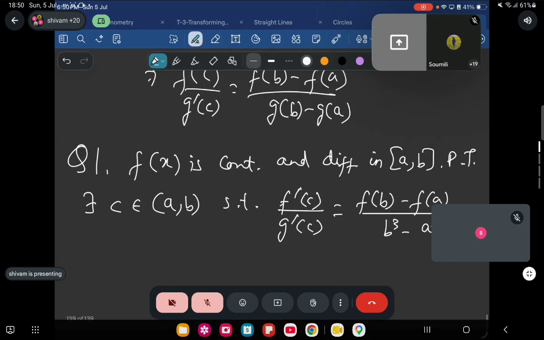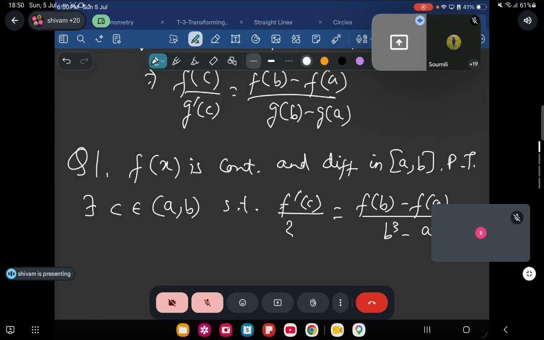Solve. Wait a minute. f dash c by 3c square is equal to f of b minus f of a upon b cube minus a cube. Okay. Next.